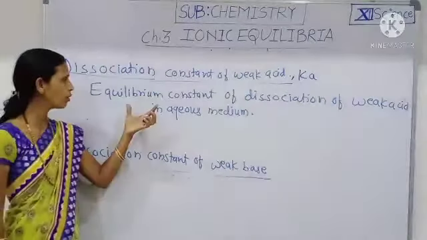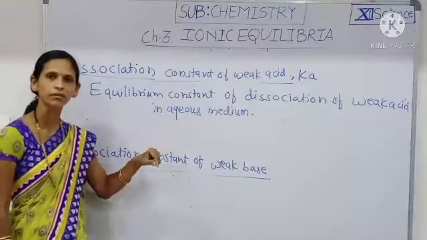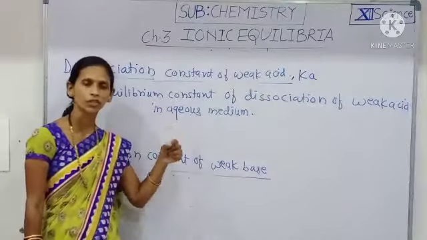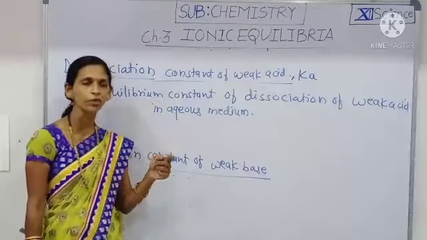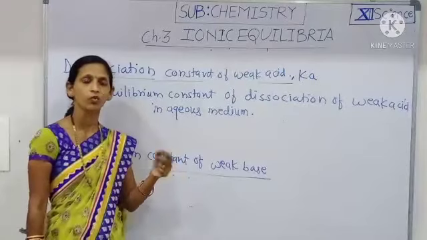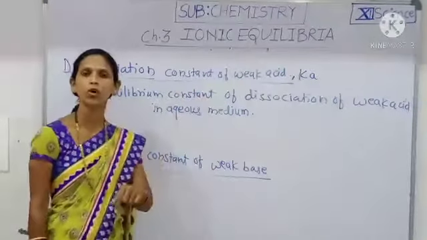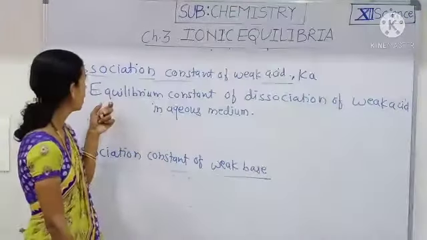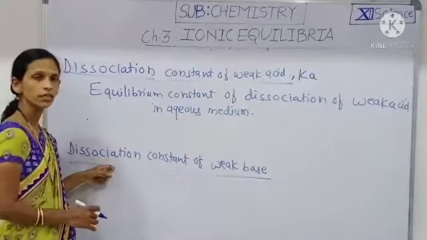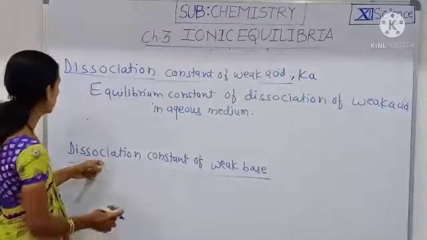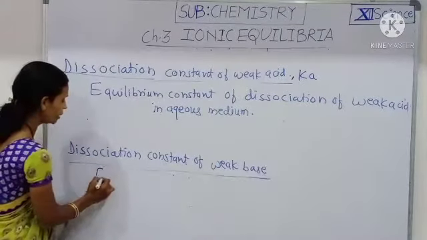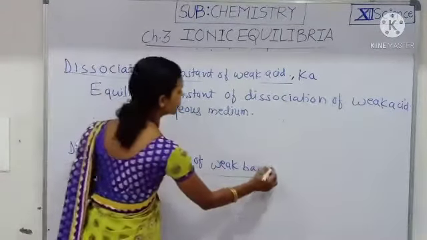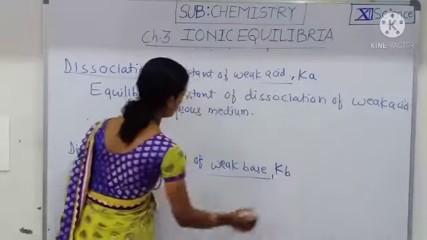It is obtained when the law of mass action is applied to the chemical equilibrium or ionic equilibrium when a weak acid is dissolved in a given amount of water. And see here, similarly we can define the dissociation constant of a weak base, that is Kb.